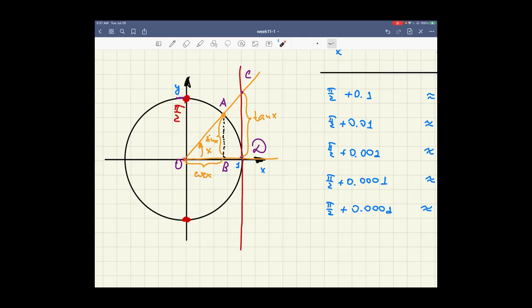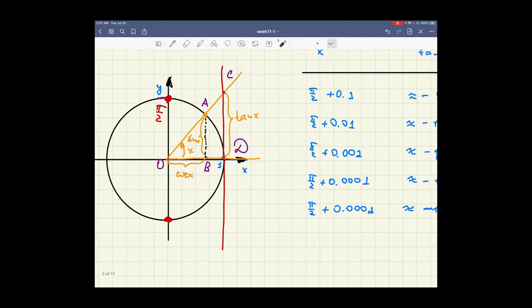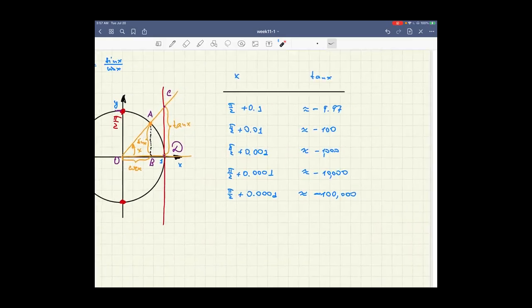Cosine is close to 0 but negative. When you're dividing a number that's close to 1 by a number that's close to 0, division by a number close to 0 always causes an explosion. The ratio where the denominator is close to 0 will always be huge by absolute value.